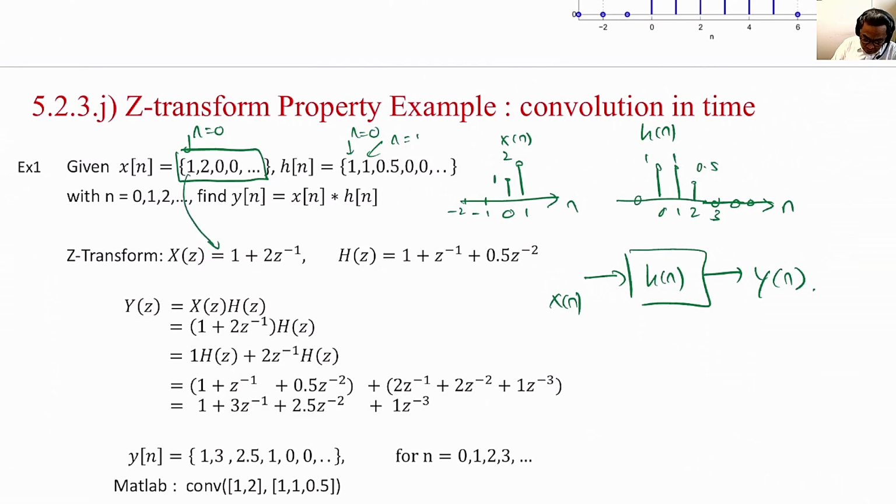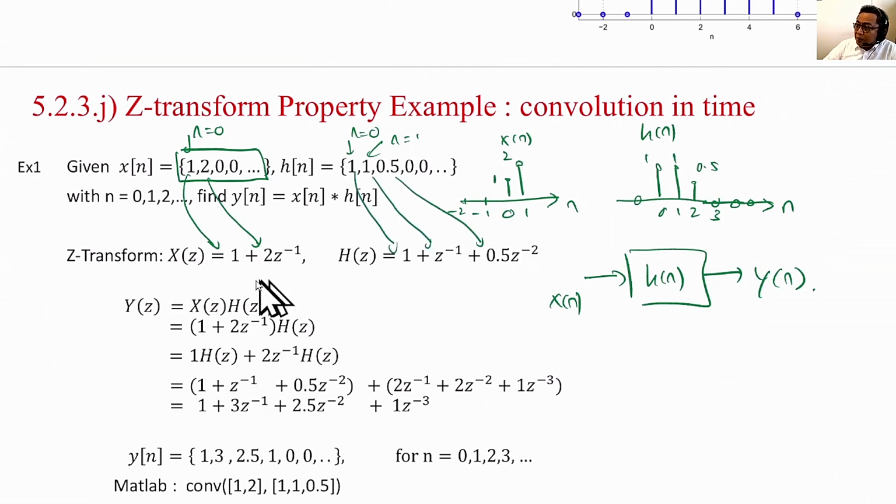Because this is a finite sequence, this is trivial. 1 at time index n equals 0 becomes 1, 2 becomes 2z^(-1). h[n] becomes 1 plus z^(-1) plus 0.5z^(-2), since the rest is nothing.